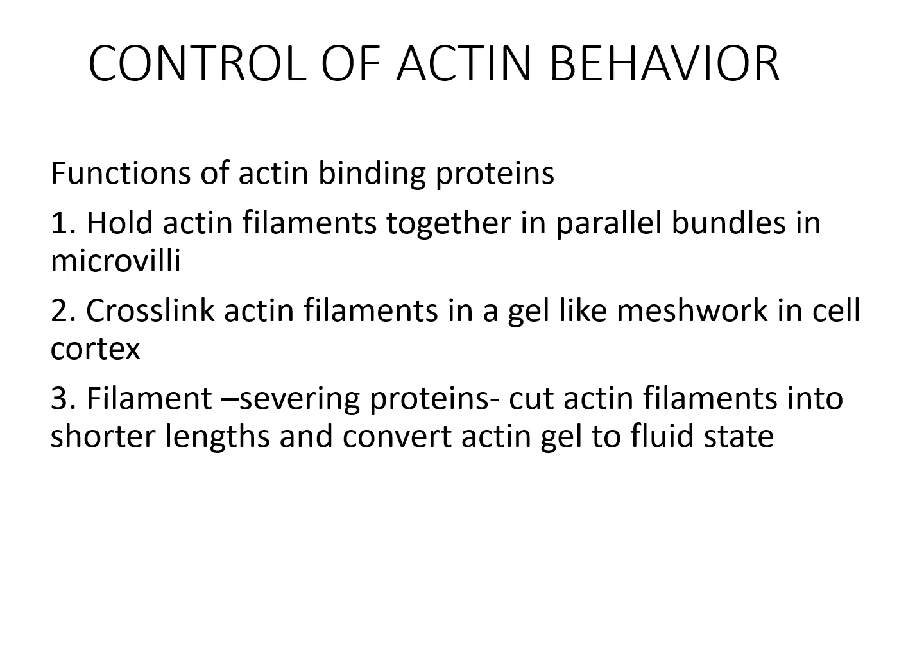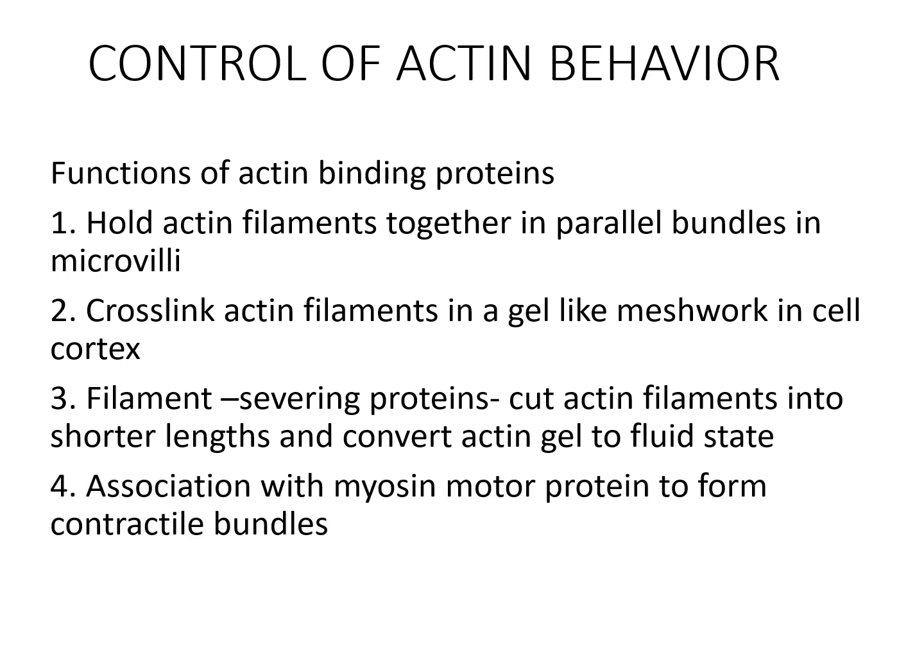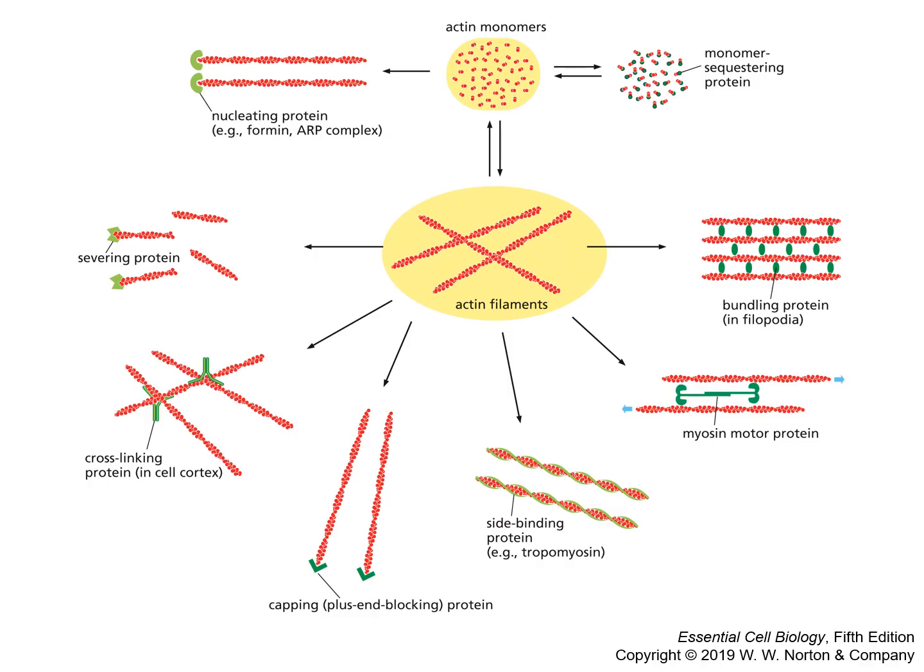They can sever actin, cutting actin filaments into shorter fragments. And they can associate with myosin motor proteins to form contractile bundles. This picture shows all the different functions these actin binding proteins can provide to cells.